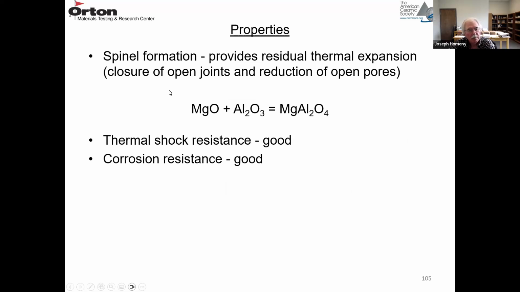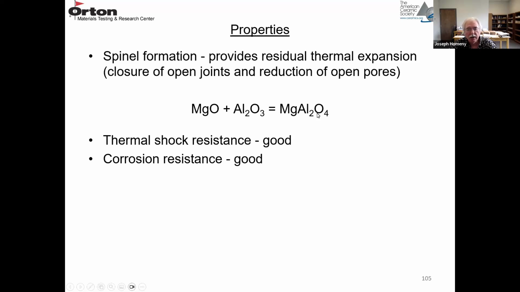So what happens during the use is that spinel forms. When spinel forms, it's a lower density material, so it's going to provide residual thermal expansion. This is an irreversible thermal expansion because you form spinel. So the reaction is MgO plus alumina forming MgAl2O4, which is spinel.